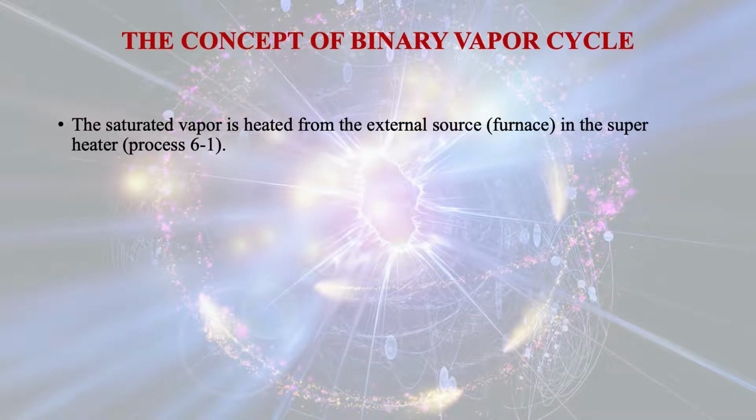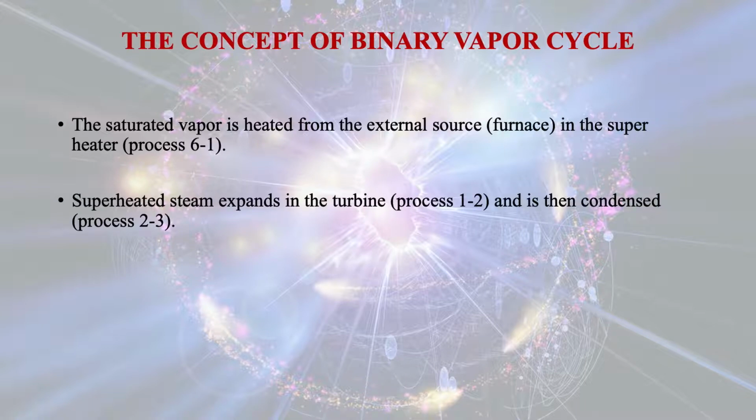The saturated vapor is heated from the external source in the superheater, that is process 6 to 1, and the superheated steam expands in the turbine, that is process 1 to 2, and is then condensed, that is process 2 to 3.